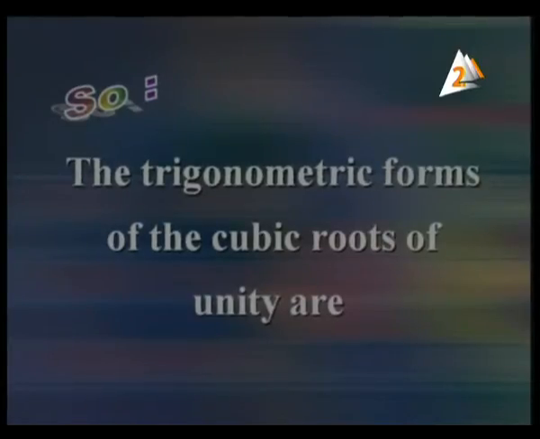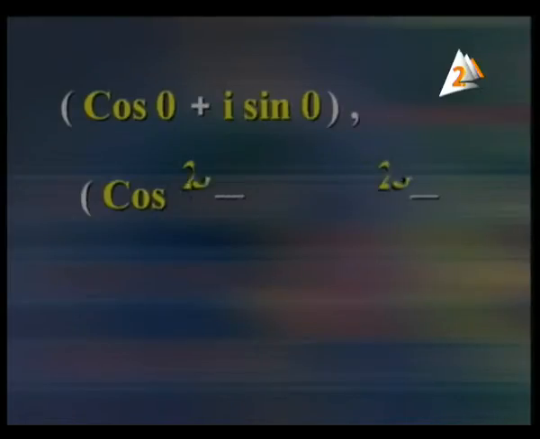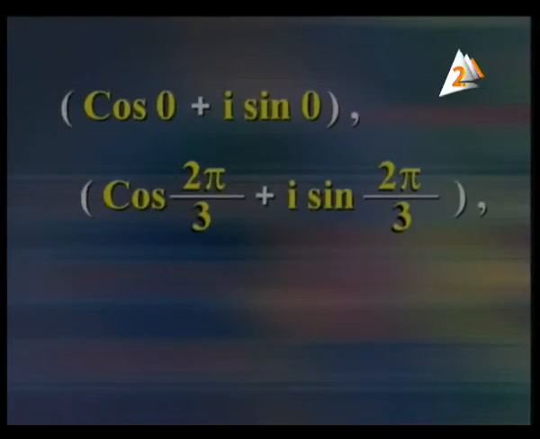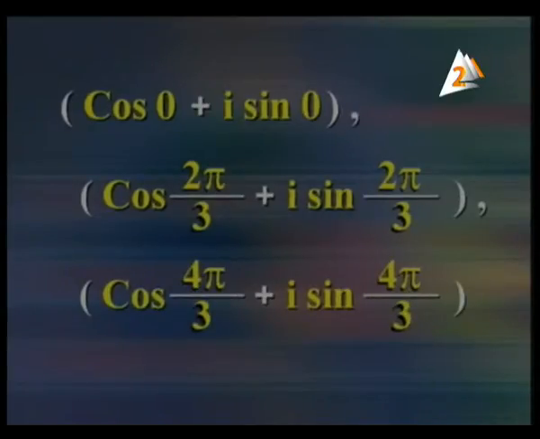Trigonometric form of the cubic roots of unity are: number 1, cosine 0 plus i sin 0. Number 2, cosine 2π over 3 plus i sin 2π over 3. Number 3, cosine 4π over 3 plus i sin 4π over 3. Remember, we have 3 cubic roots of unity.